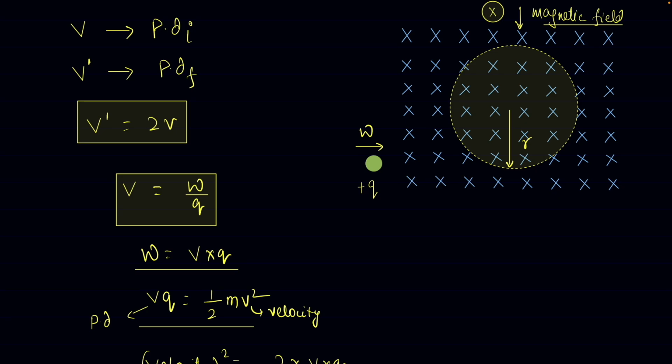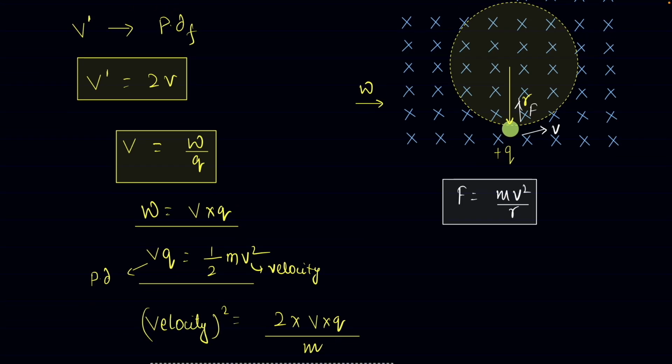Why? Because when this charge reaches this point, at that time it has a certain velocity v. The magnetic field is in the downward direction, so there will be a formation of a force here. And this force is actually the centripetal force, mv square by r, because centripetal force is responsible for the circular motion. And this centripetal force is a magnetic force.